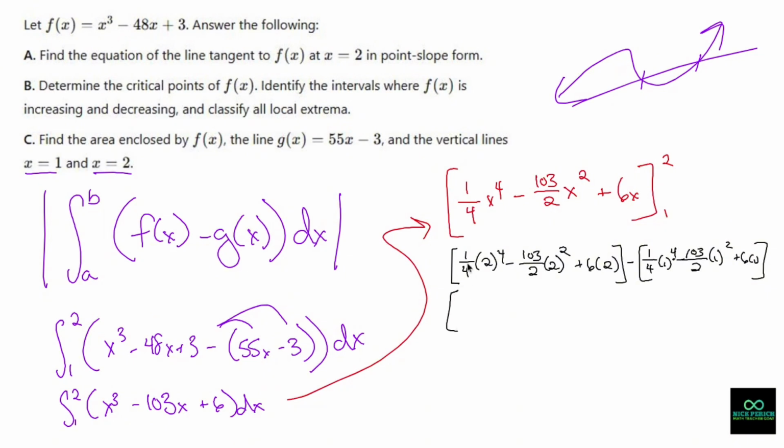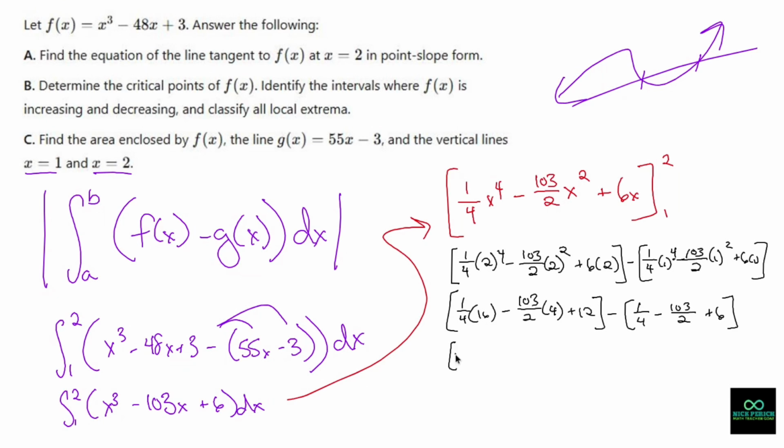Okay, so 1/4 times 16 is 4, minus 103 over 2 times 4, plus 12, minus 1/4, minus 103 over 2, plus 6.